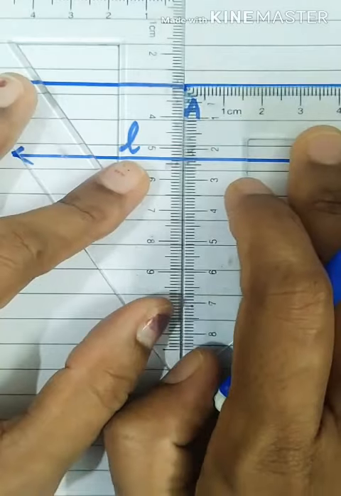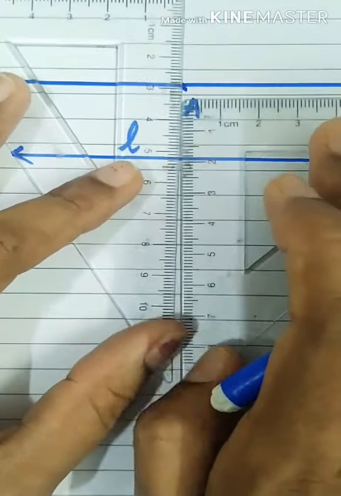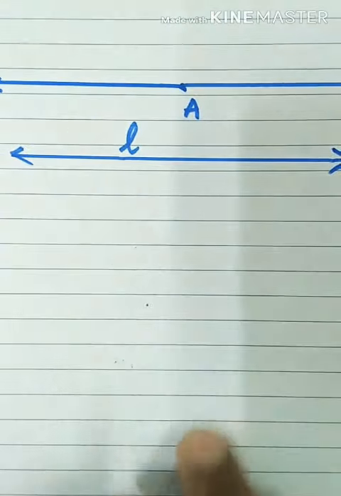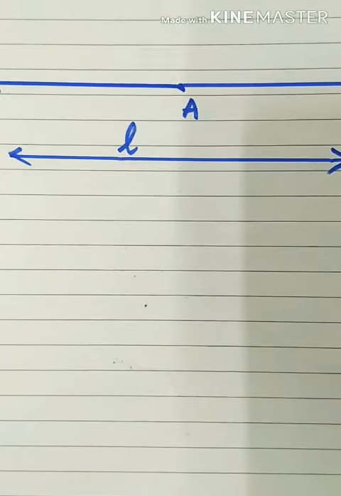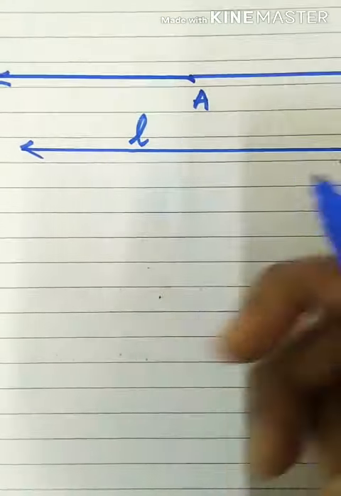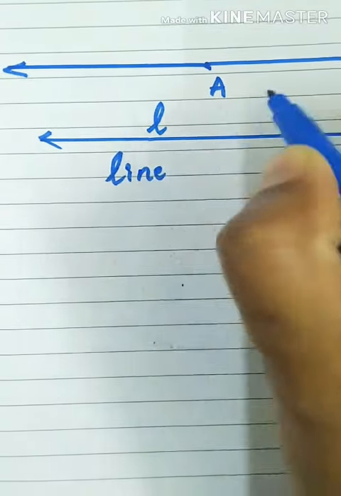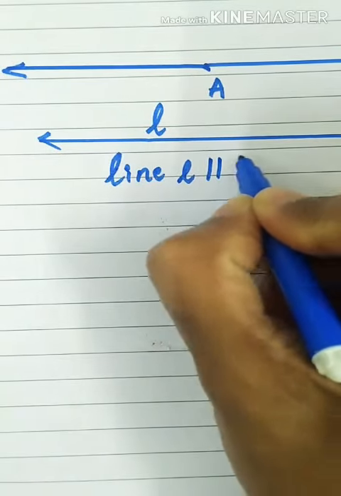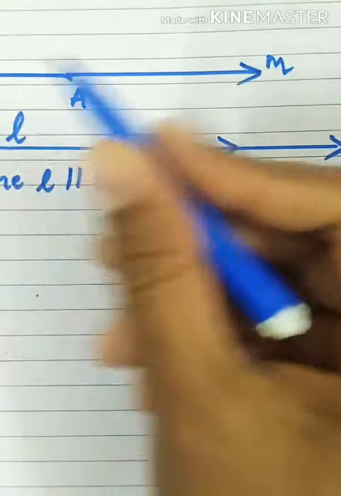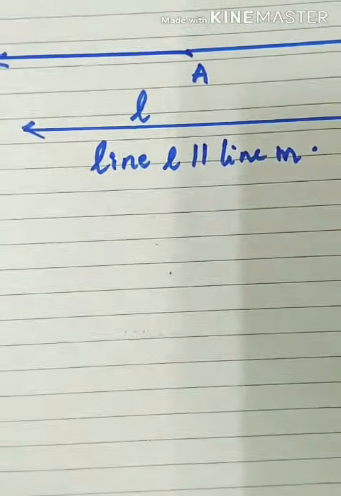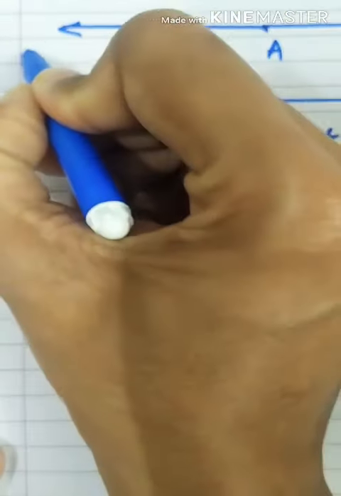Pause the video, keep the set squares as I have shown, and draw the line. Now I'll also explain the second method. Before we go on, let us complete this construction by writing line L parallel to line, what is the second name that we wrote? M. Both are parallel. So first sum done.